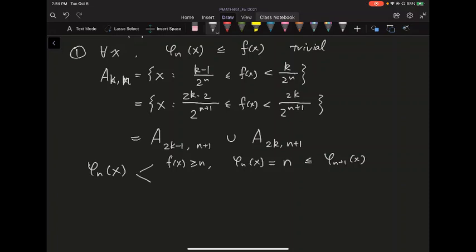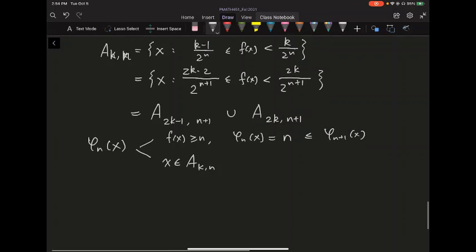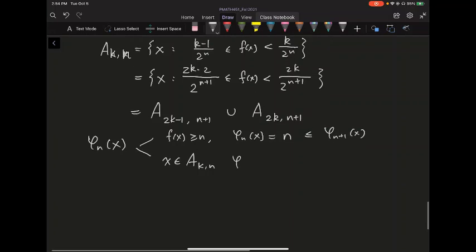And otherwise, this x has to be contained in some A_{k,n}. So let's just say x is inside A_{k,n}. Then phi n of x equals (k minus 1) over 2 to the n by our definition. And this A_{k,n} is the union of these two, A_{2k-1,n+1} and A_{2k,n+1}. So there are two possibilities for phi n plus 1 of x.